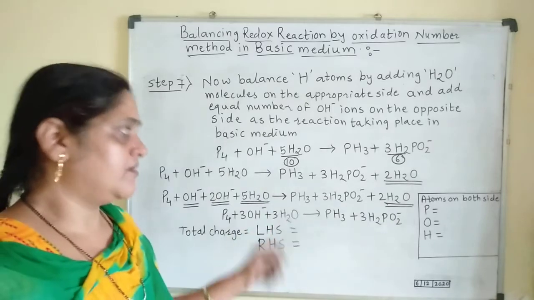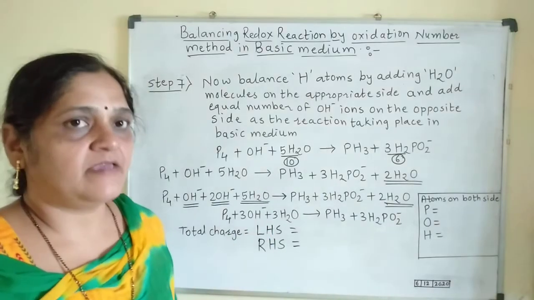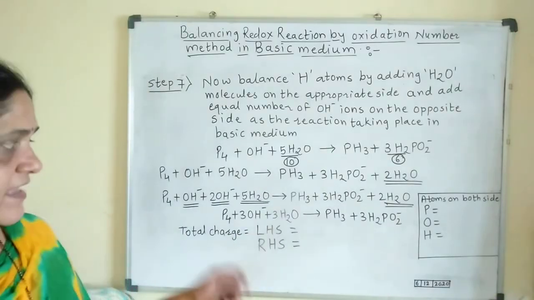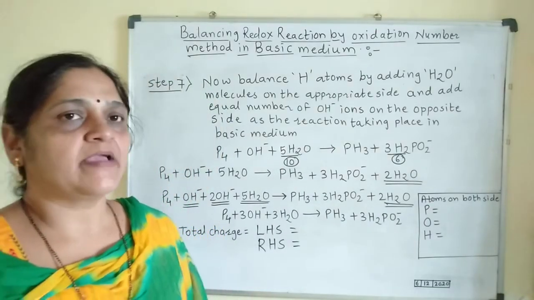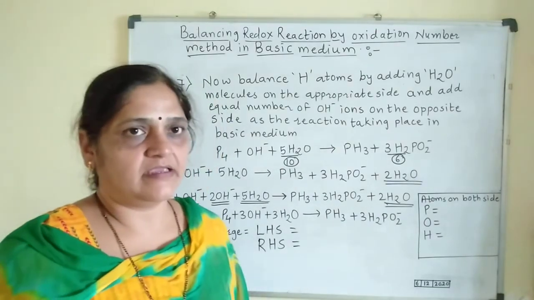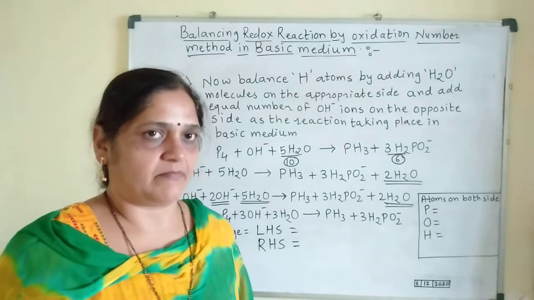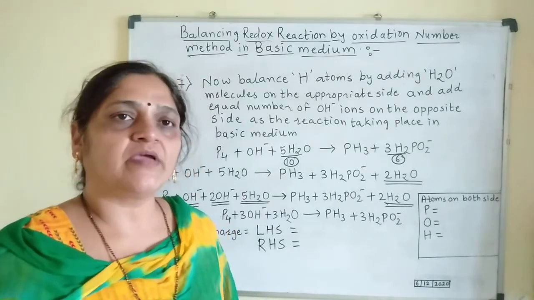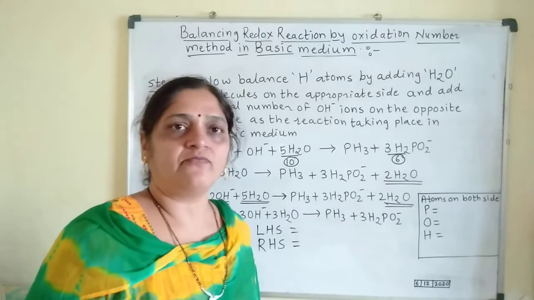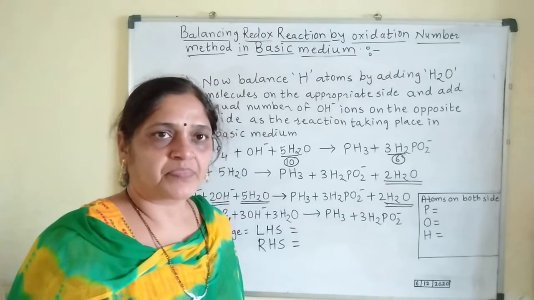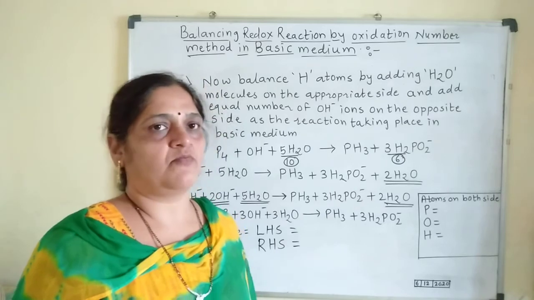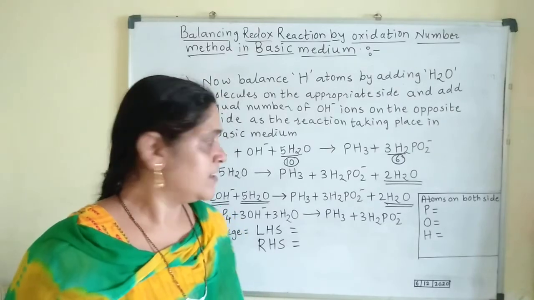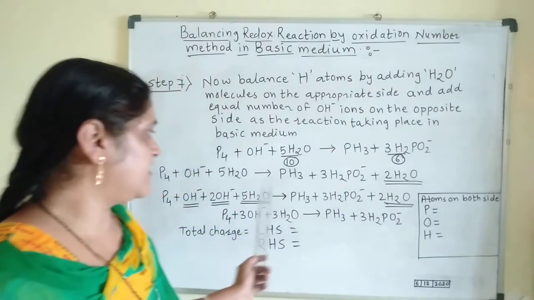In this equation, if the same molecules are there on left hand side and right hand side, then you can cancel out the terms which are the same on both sides. So you can subtract water molecules from the side which has more water molecules, right? So here 2 water molecules, here 5 water molecules.